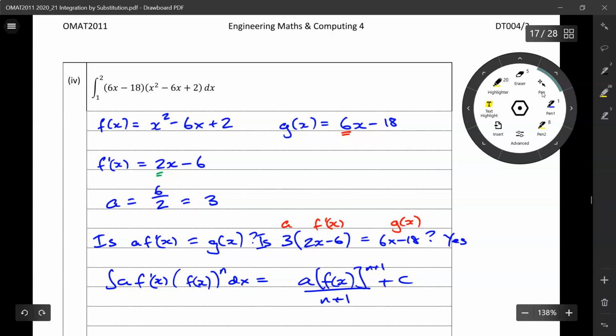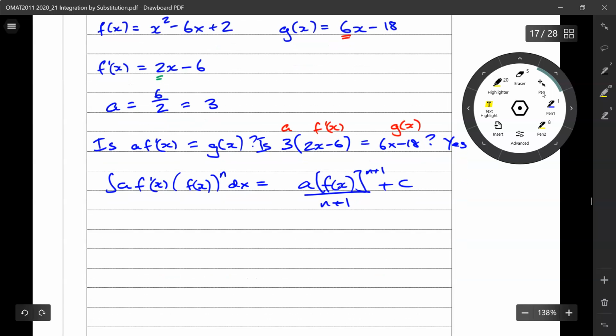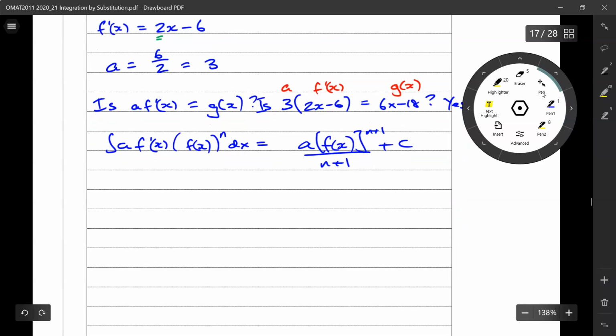So if I come down here and implement that rule, we have a definite integral going from 2 to 1. What we have is a times f prime of x, so it's 2x minus 6.